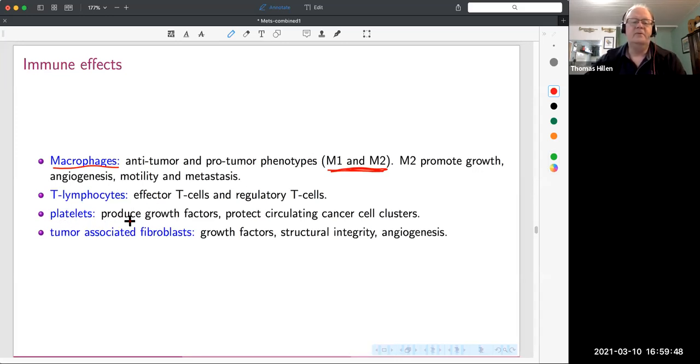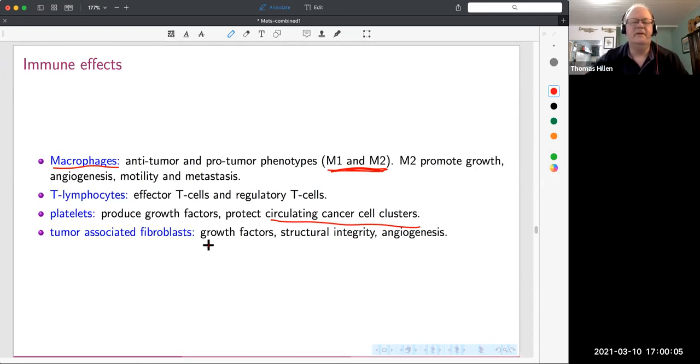Platelets produce growth factors. So platelets play a role in the blood system, and they protect circulating cancer cell clusters by going around them and building a protective shield around them.